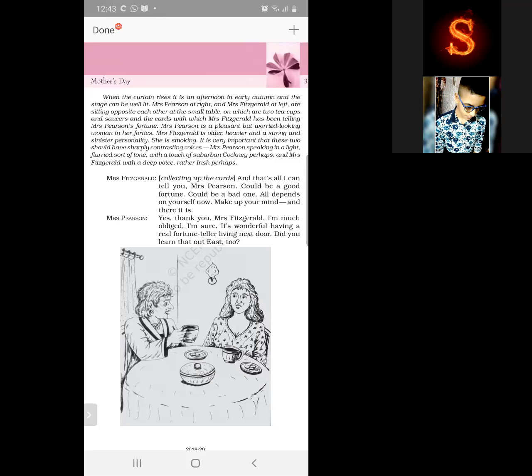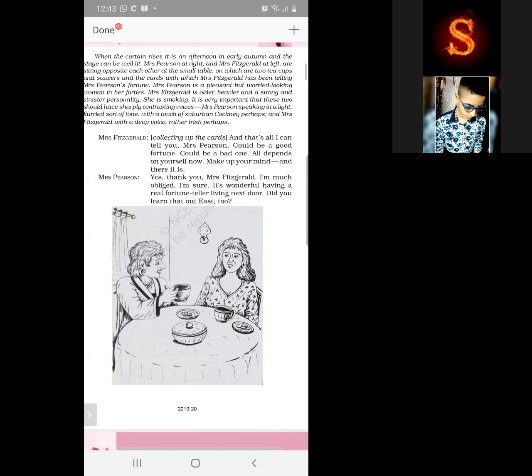Now the opening scene introduces us to the two characters. First is Mrs. Fitzgerald and second is Mrs. Pearson. As you can see here in the picture also, the two of them are sitting at the table, having a good conversation. As I told you, Mrs. Fitzgerald is a neighborhood friend of Mrs. Pearson, and she is a fortune teller, right? We all have seen fortune tellers who carry some kind of cards. They're known as tarot cards.